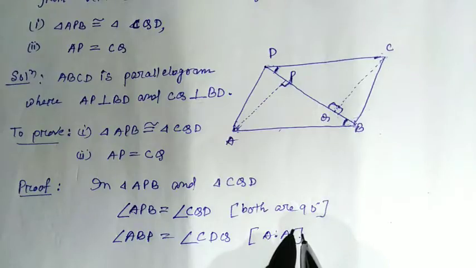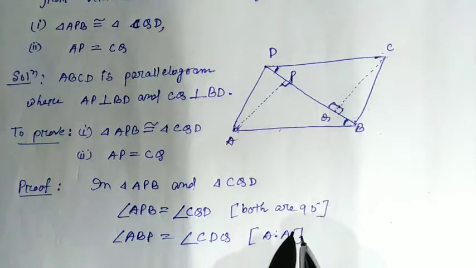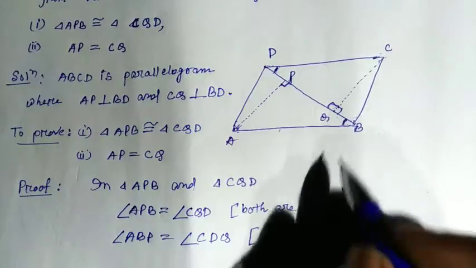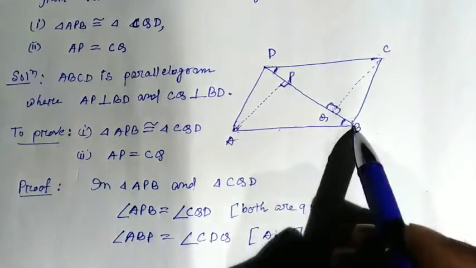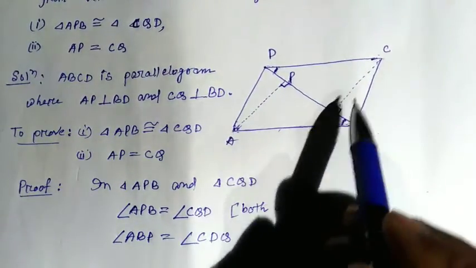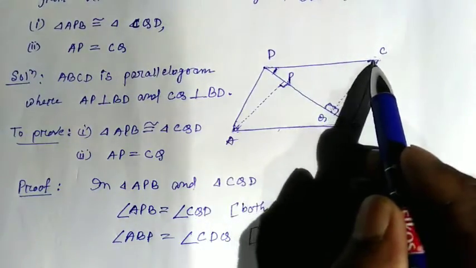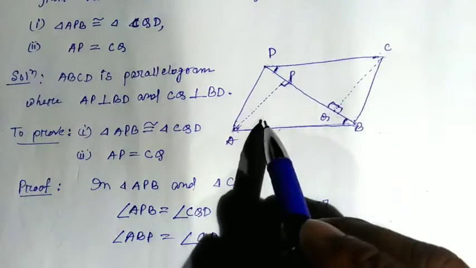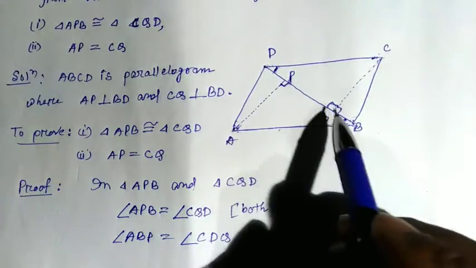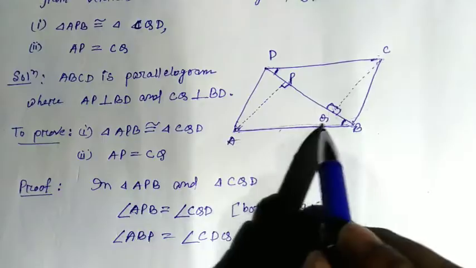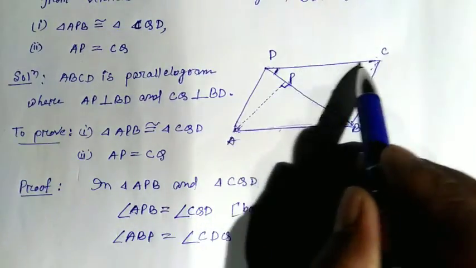Again see, one more part we have to show equal. Now see, in triangle APB this side is present, and in triangle CQD this side is present. As we know, in a parallelogram opposite sides are equal, so we can write AB is equal to CD.